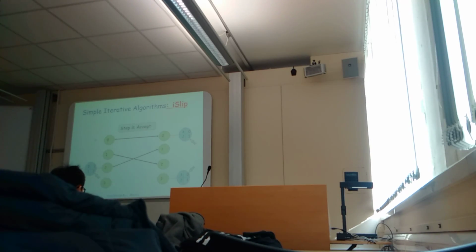Here, round robin would have left its pointer there. iSLIP does not move. Why? Do you know why? Because this lost its chance. So iSLIP, in order to be fair, knows for a fact there is a packet waiting here that should have been sent, but it is not.